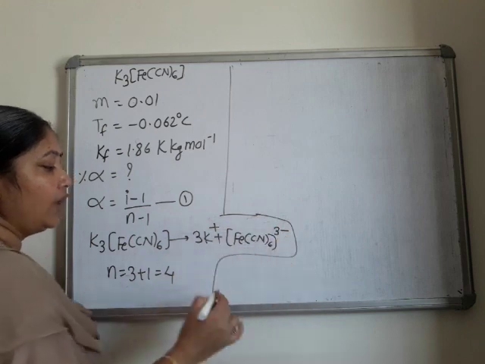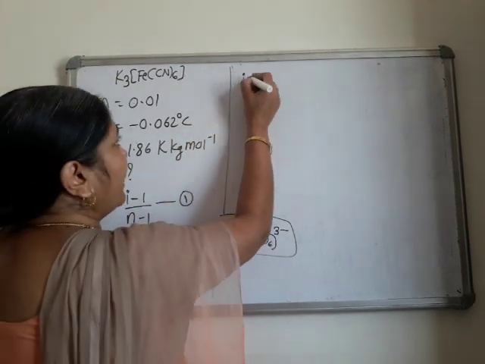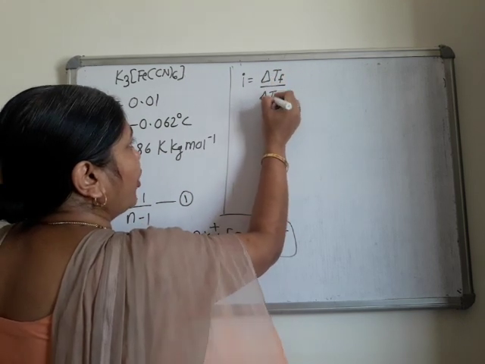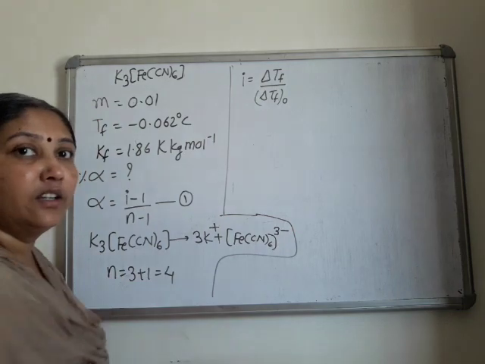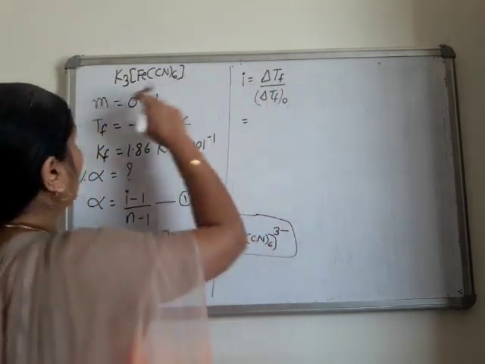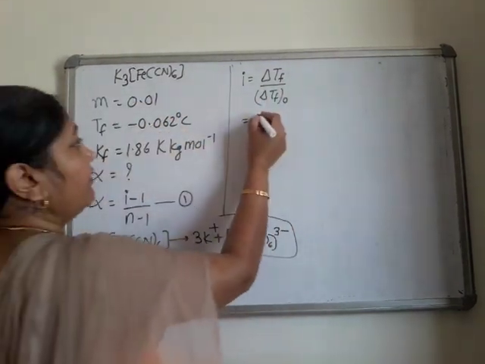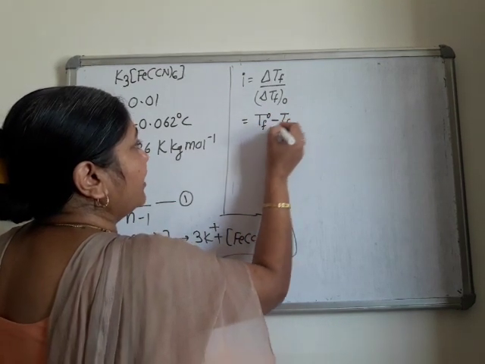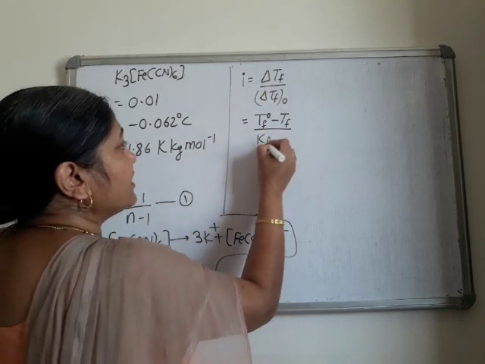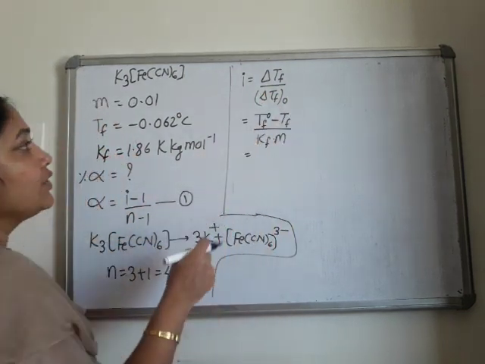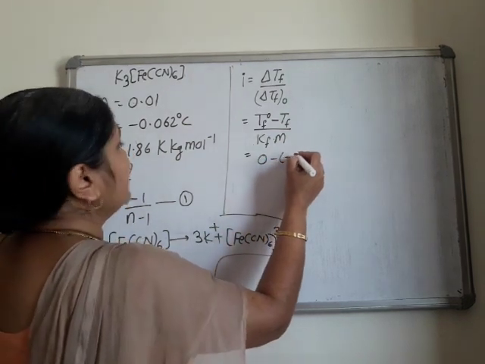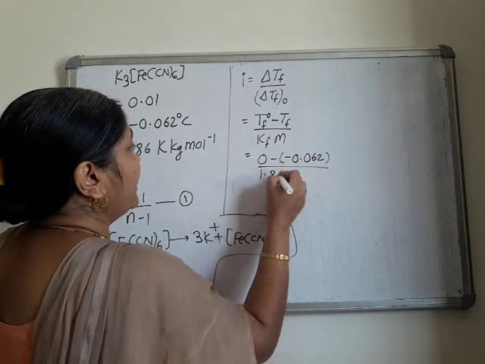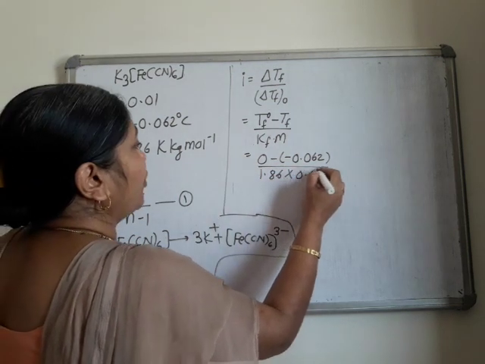Let us find the value of i. The experiment given is freezing point, so i is delta Tf observed upon delta Tf standard. Delta Tf we can write as Tf naught minus Tf, and delta Tf standard is Kf into m. Put the values. Tf naught is 0 minus minus 0.062, Kf is 1.86 and molality 0.01.